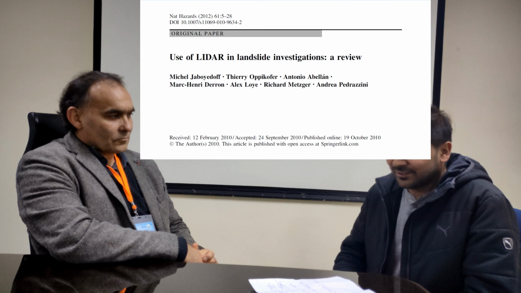The monitoring of moving landslides is not necessarily the best solution with LiDAR, because when you scan it, it's done. You have not the full treatment.